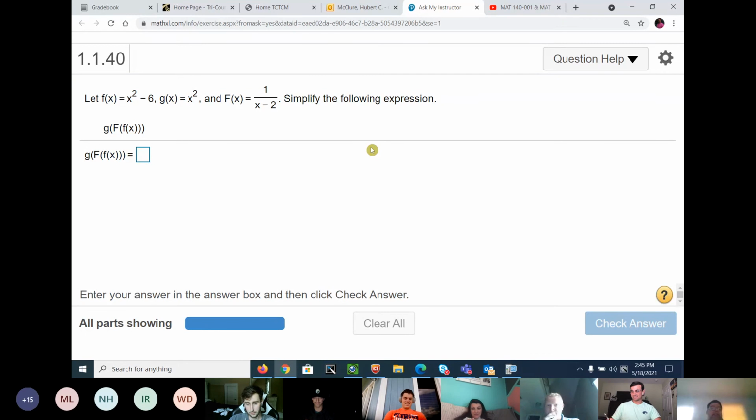All right. Little f of x is equal to x squared minus 6, and g of x is equal to x squared. And then capital F of x is equal to 1 over x minus 2. And they're wanting g composed of capital F of little f of x. Now, I'm thinking that's what they're wanting.